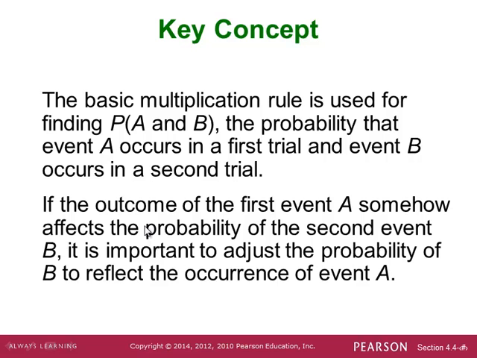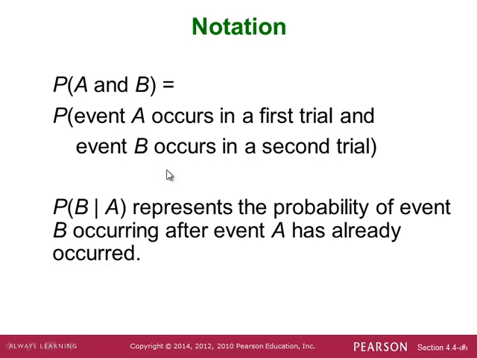We have to determine whether the outcome of one event happens to affect the other event's outcome. And if it does, then we have to adjust how we bring in the factor for that second probability. So let's take a look here.